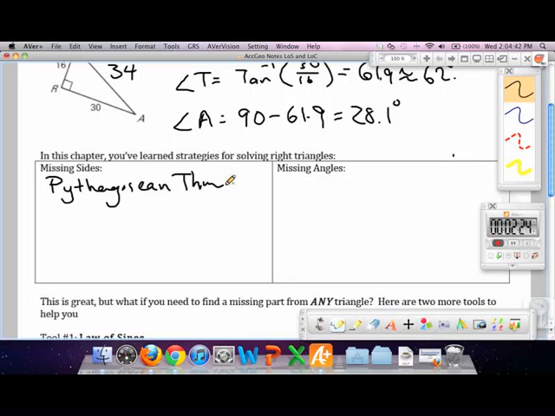If you only know one of the three sides, then we can resort to trigonometric functions, like our two major players.